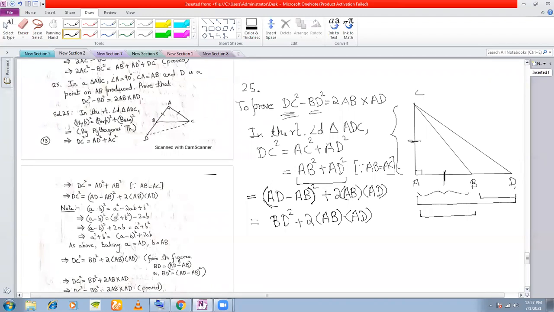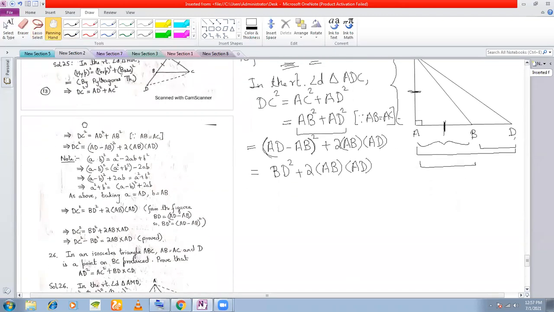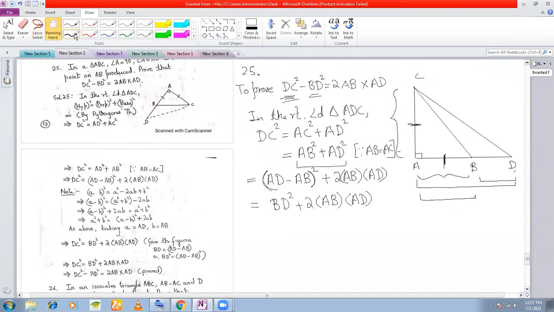Yes, I think we have got the proof. See, what we have shown here is DC square is equal to BD square plus twice AB into AD.